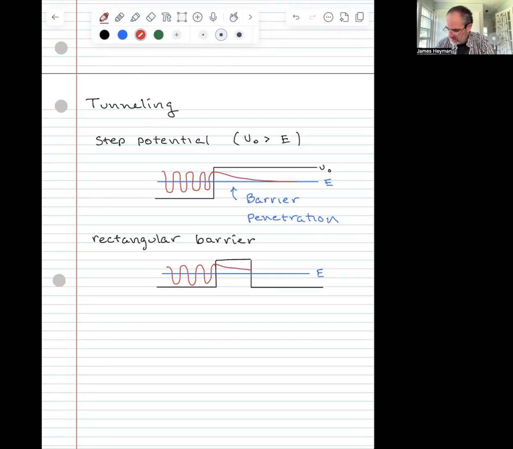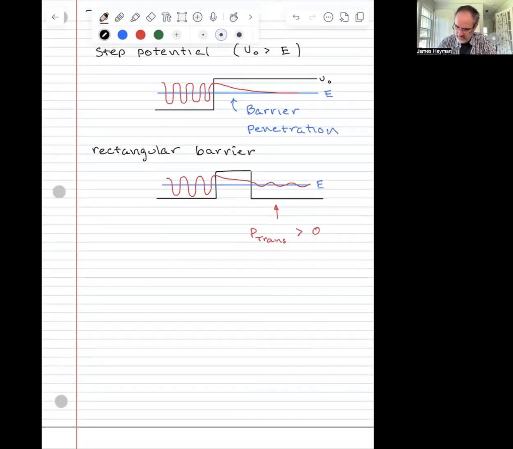And so at that point, we expect that there's a finite probability the particle will be transmitted here, and then we'll have an oscillatory wave function to the right. And because the wave function amplitude isn't zero on the right, that means the probability of transmission is greater than zero. The particle has some probability of passing through the barrier. Of course, this is remarkable because classically that can't occur.